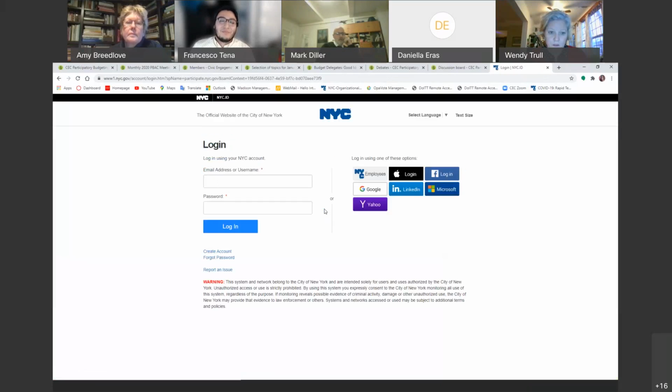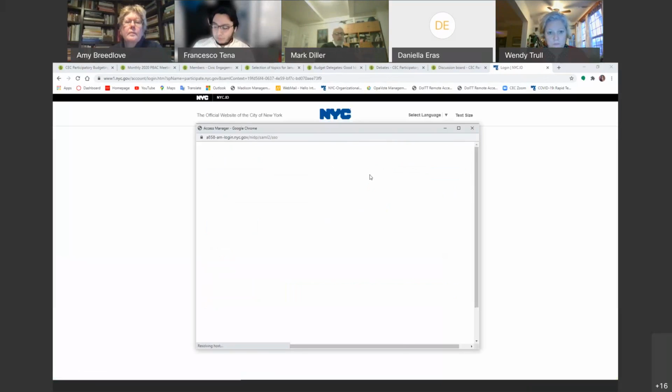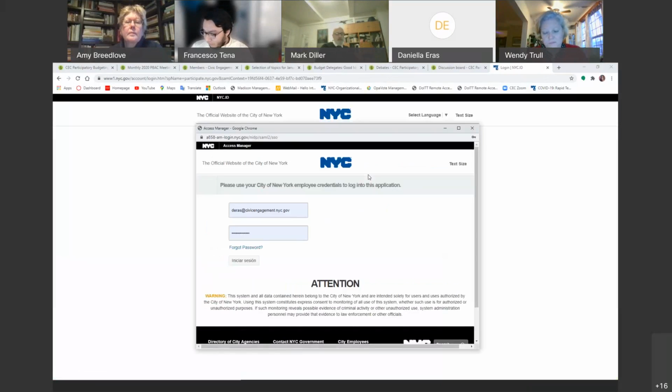So since the commissioners have a gov.nyc.gov email, you can just click on NYC employees, and it takes you to the box where you can put your email and the password that you use to sign into with your email, and it creates your account. You don't have to do anything else.